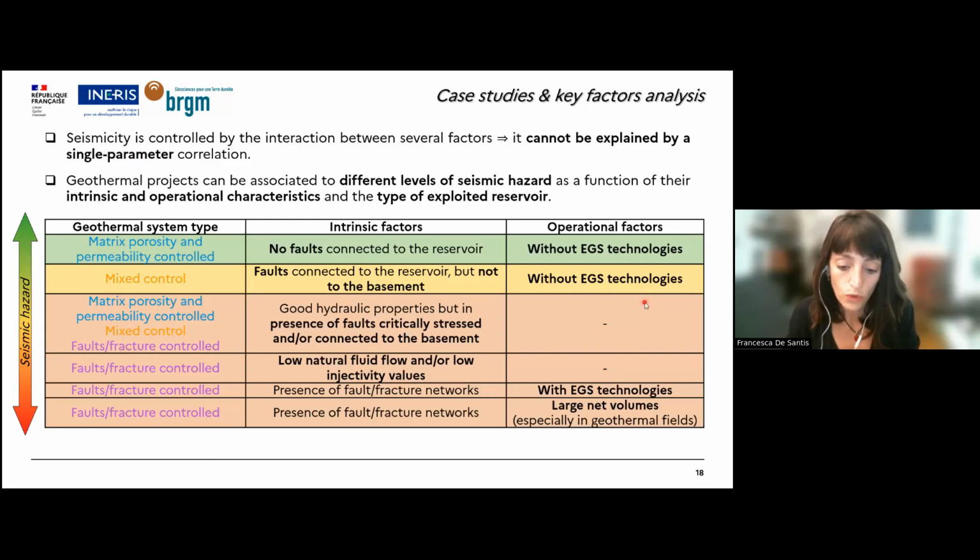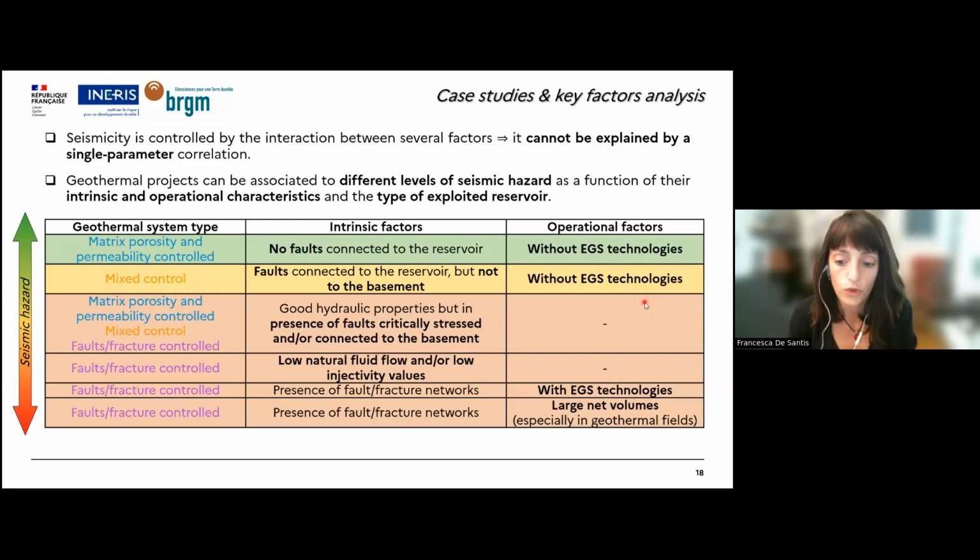What we want to give here is the main conclusion given by the case studies review. Of course, we wouldn't try to find a single parameter correlation, because seismicity is a complex phenomenon which cannot be explained by a single parameter correlation.